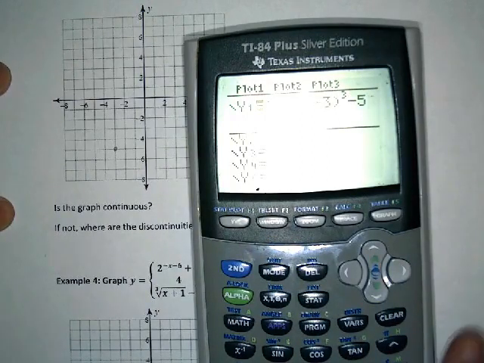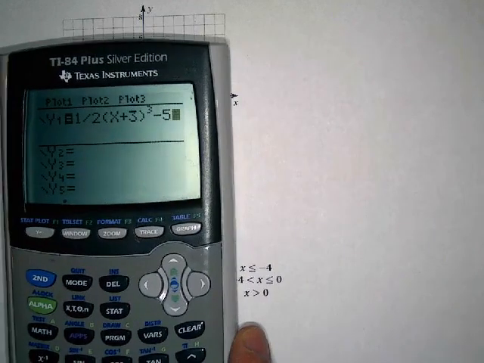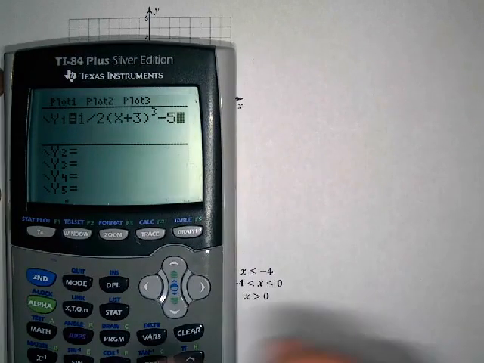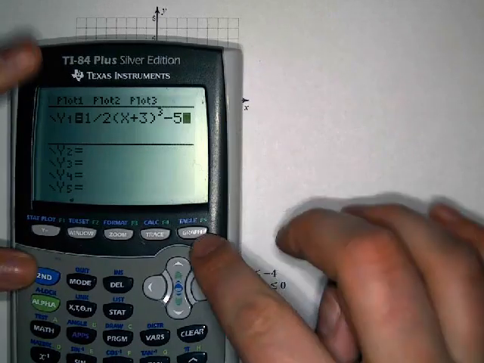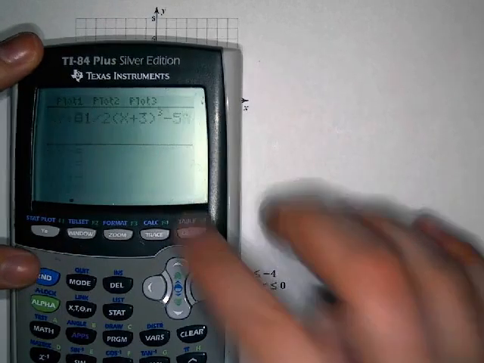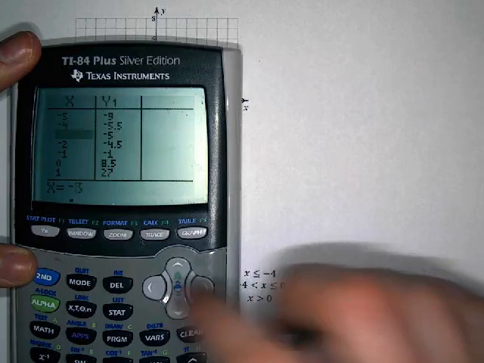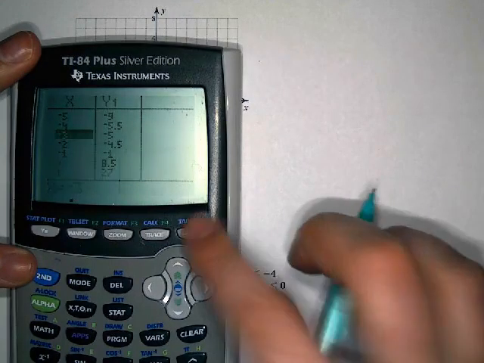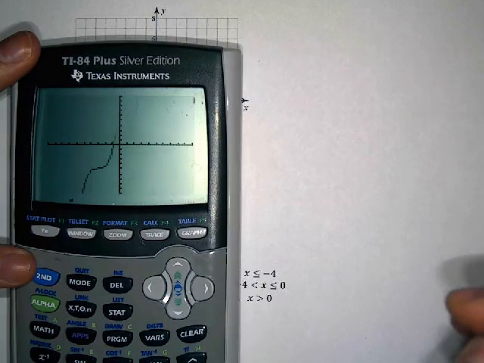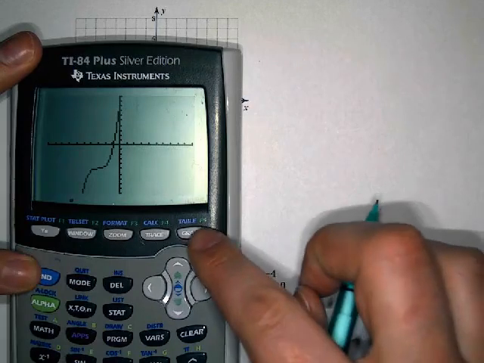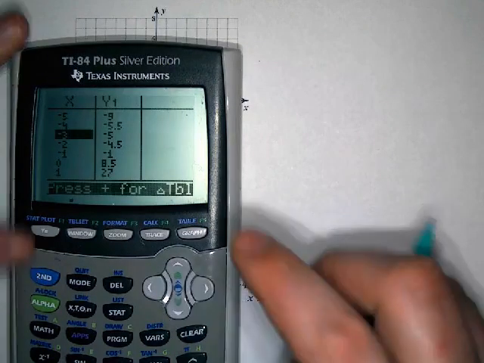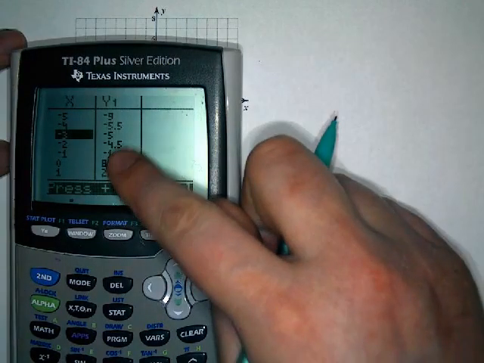And when we look at the graph, we're going to look for that point -3, -5. So there's our cubic shape. So -3, -5 is in the middle. Those decimals aren't too bad, so I think I'll actually graph the decimals this time instead of avoiding them.